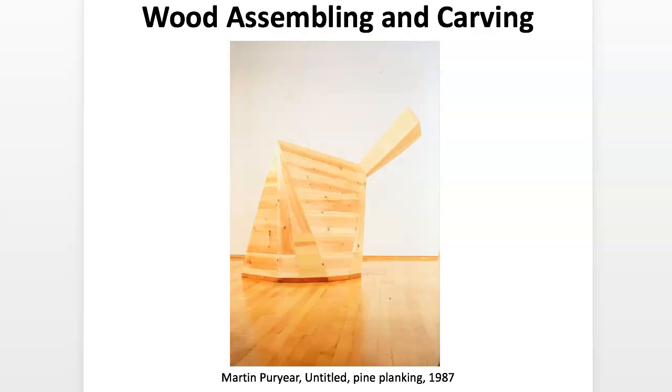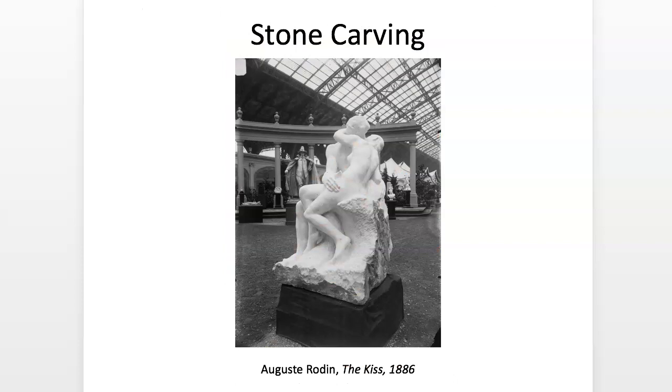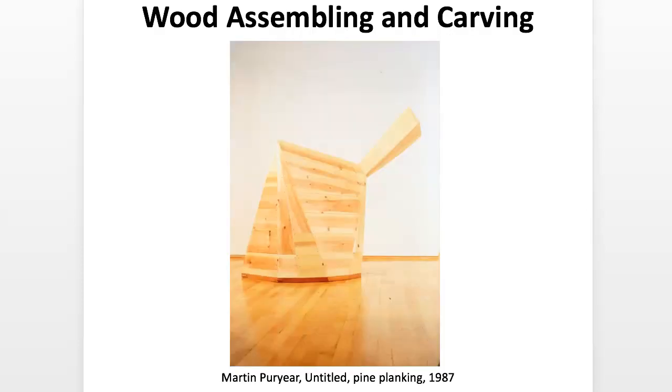Now, wood assembling and carving is a whole different matter, right? I think as compared to stone, which would have a high resistance to weather and be really suitable outside, and be able to be obtained in large blocks in certain places with fairly homogeneous texture, wood is also something that you could find a lot of places, and can be carved and assembled once it's made into dimensional lumber.